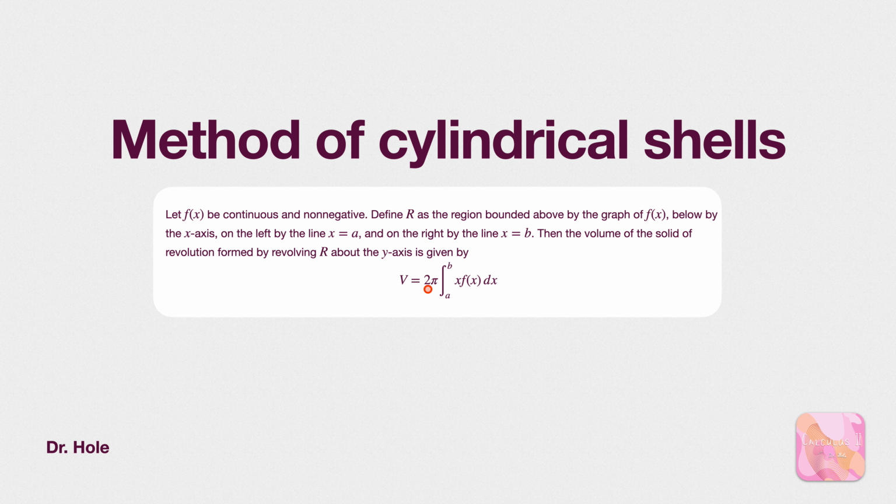Note that the constant out in front is 2 pi. That corresponds with the revolution about the y-axis, producing a circle which has circumference 2 pi r, where r was being swapped out for x as the radius, and then f of x is giving the height of the shell.